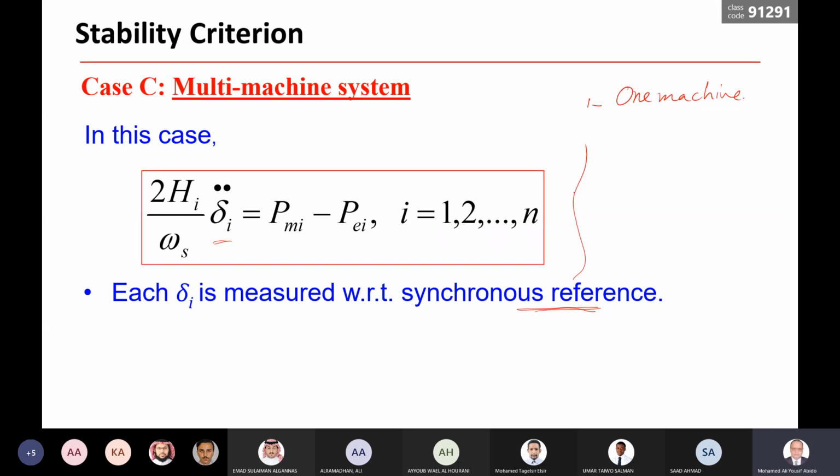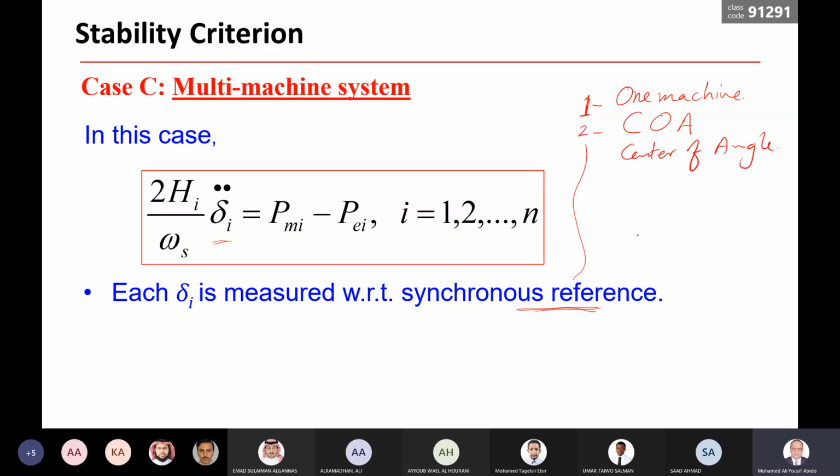We consider, for example, the slack bus as our reference, with angle 0, and we relate all the angles to that reference. So this is one option. The second option is to define what we call the center of angle.